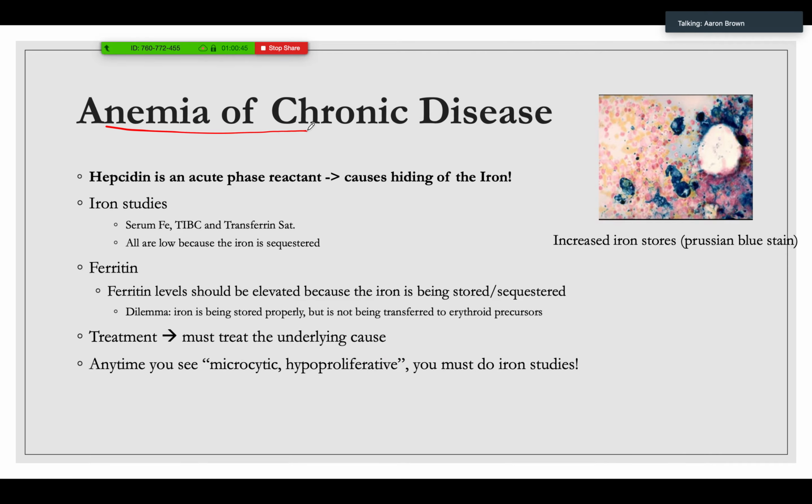Anemia of chronic disease. In chronic disease, things like lupus, things like rheumatoid arthritis, these diseases that go for a long time, cancer, what ends up happening is you have an increase in your acute phase reactants. One of those acute phase reactants is something called hepcidin.